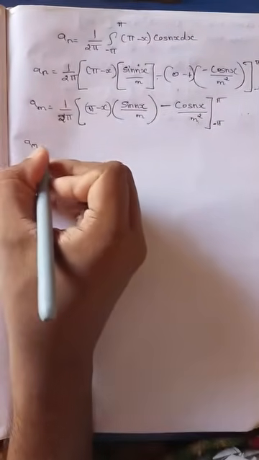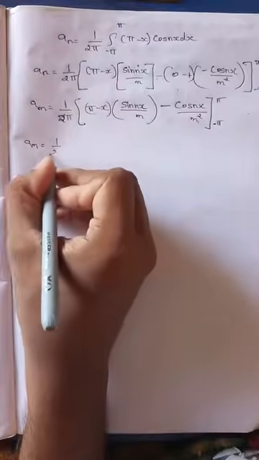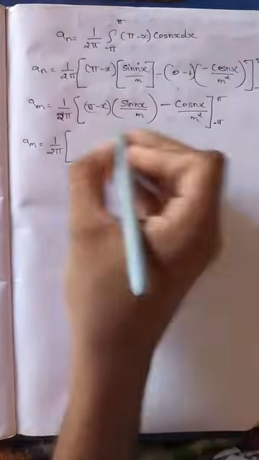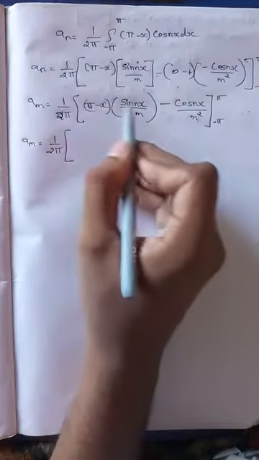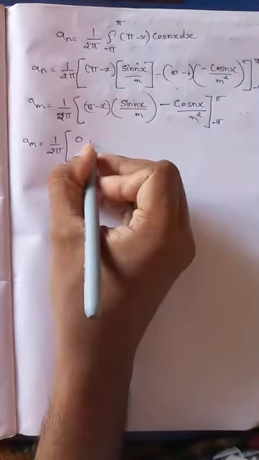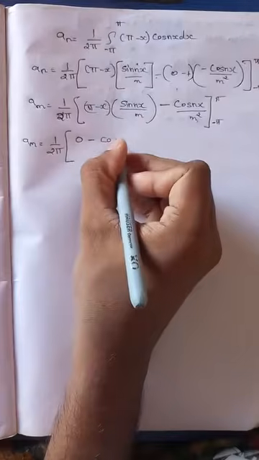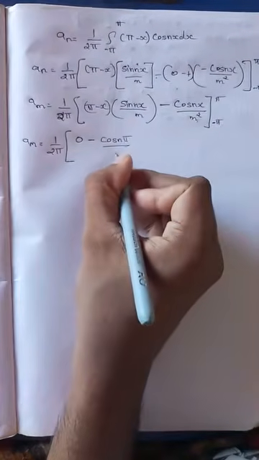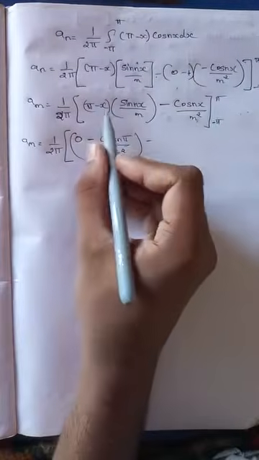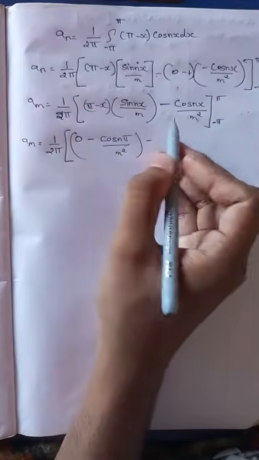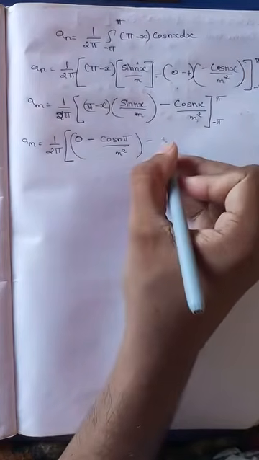Now substitute the limits, 1 by 2 pi. So pi minus pi is 0, right? So this whole function we can neglect and we can write it as 0 minus cos n pi by n square, minus pi minus of minus pi, that's pi plus pi, so it becomes 2 pi.